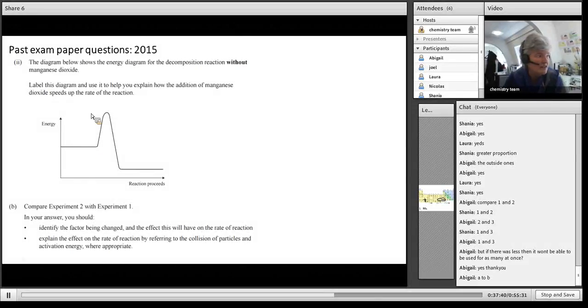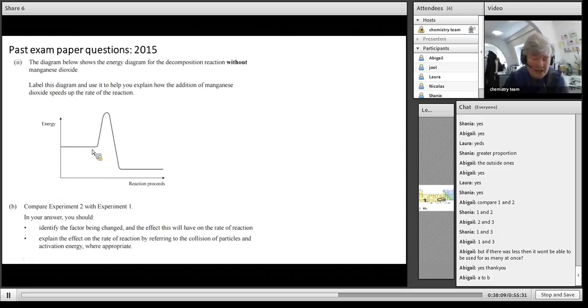In other words, is it this? Is it this, all the way down to there? Or is it this, between A and B? So the energy needed from the reactants to collide to form the intermediate. So you need to draw a dotted line over here to this point and call it E with a small subscript A. E for energy, A for activation. Okay.